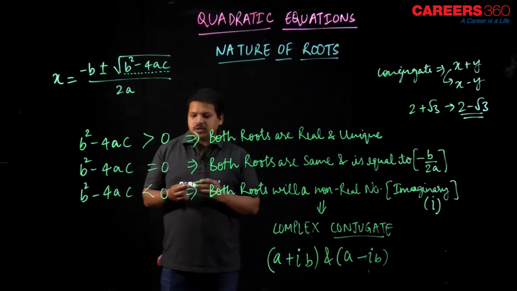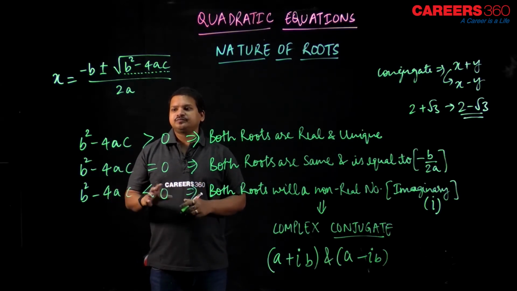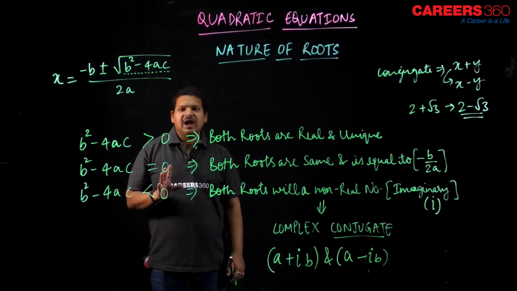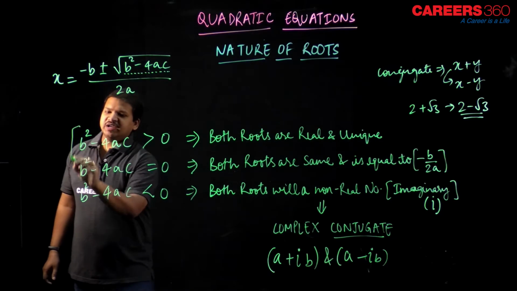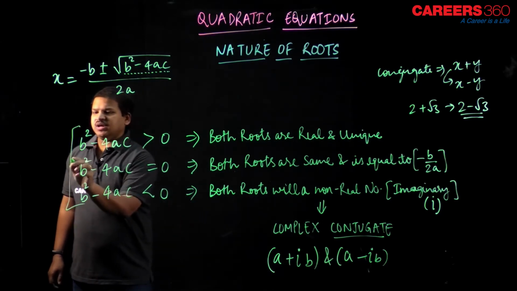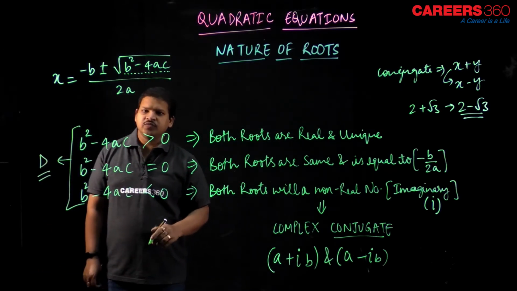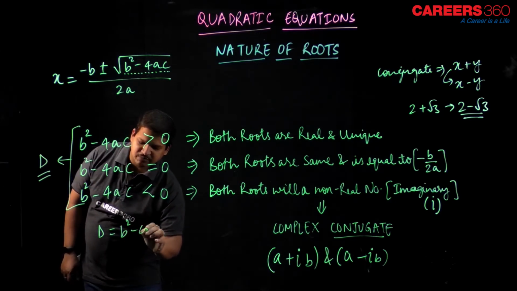So that is all about the nature of roots. And this value b square minus 4ac is so important that we have given it a special name, the discriminant. We say D is equal to b square minus 4ac.